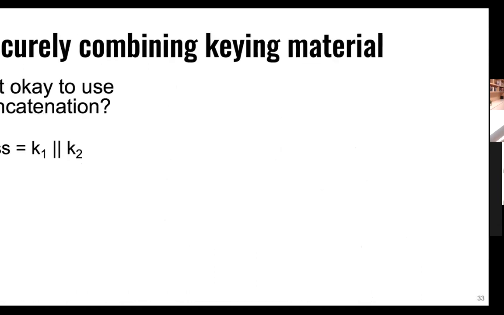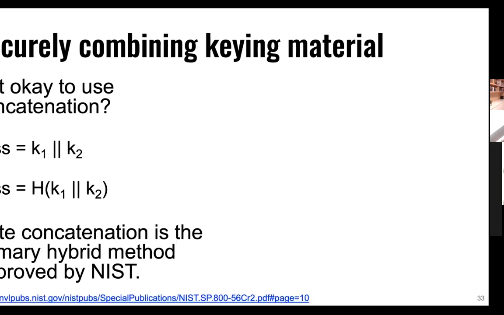So in particular, what we're doing is we're saying that the shared secret we pass to the TLS protocol is just the concatenation of the shared secret from the first key exchange algorithm, say ECDH, and the second key exchange algorithm, the post-quantum algorithm. Or because there's a hash function along the way, you can think of it as eventually hashing these two before being used as a shared secret. And one motivation for this, as I said, is that concatenation is a hybrid method that has been approved by NIST.